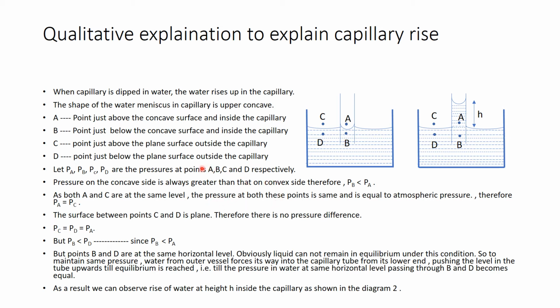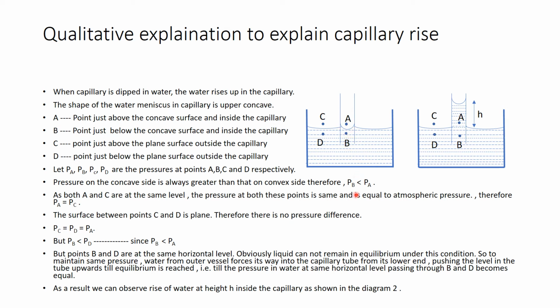Now, in the last video, we have seen that the pressure on the concave side of the curve is always greater than the pressure on the convex side. Now here A is on the concave side of the curve and B is on the convex side of the curve.